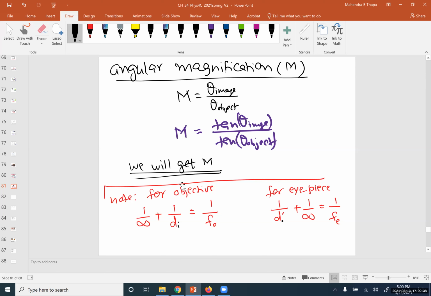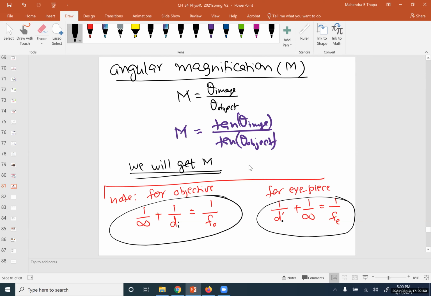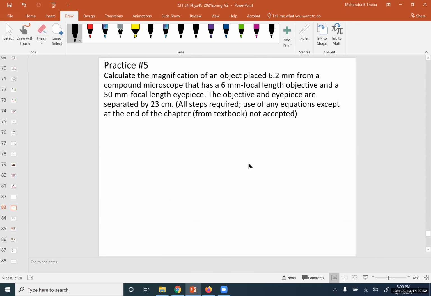Okay, so we can simplify further and do all this math. To find the magnification, we need to use this equation and this equation. So if you understand up to this point, you can solve this problem.